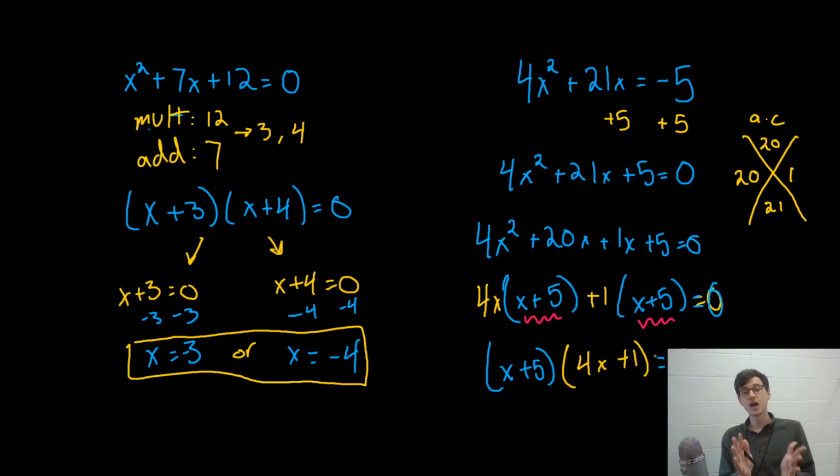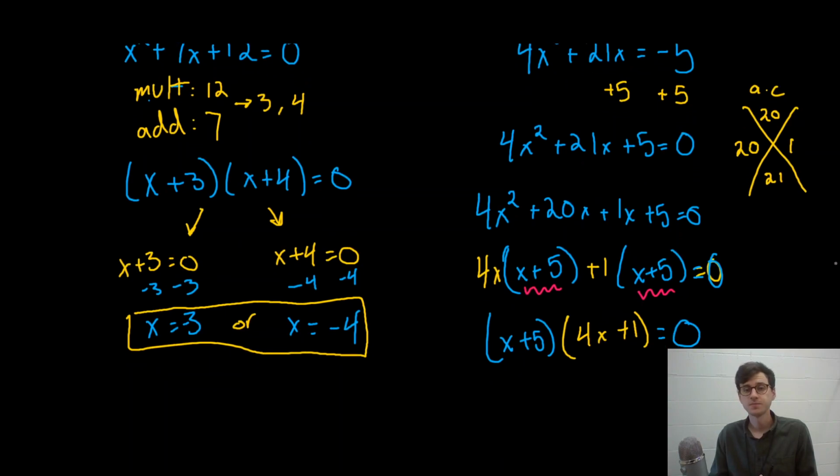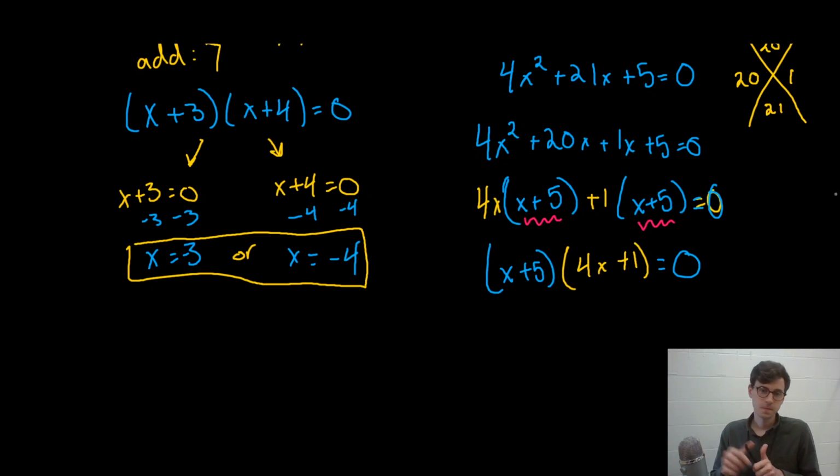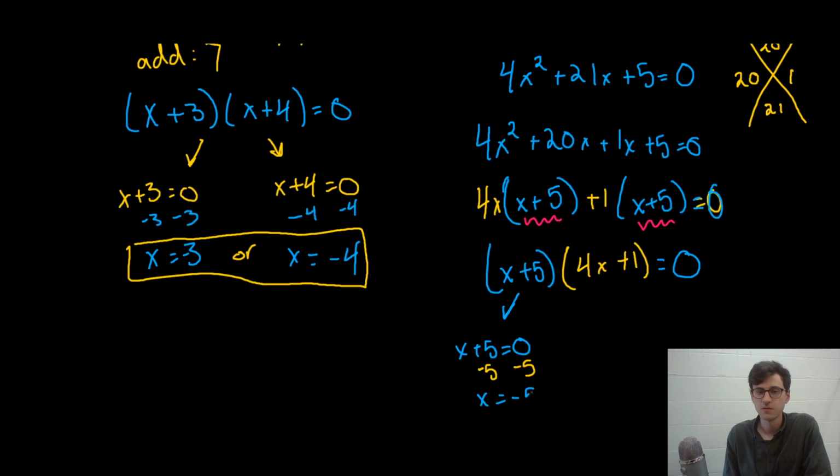So I'm not done, right? I factored all the way, but I'm not quite done yet. Because now, remember, we don't know, is x plus 5 0 or is 4x plus 1 0? x plus 5 equals 0. Subtract 5. That means x is negative 5.